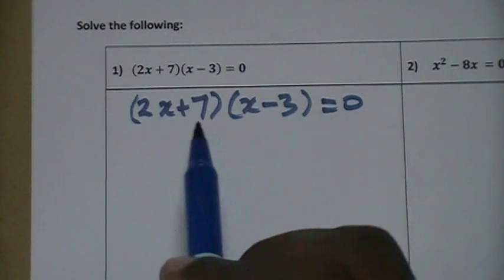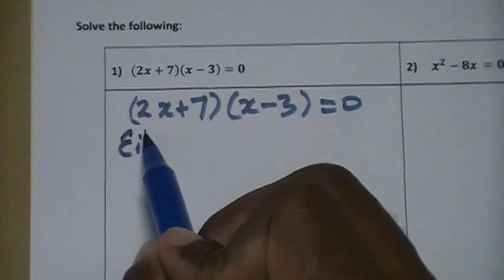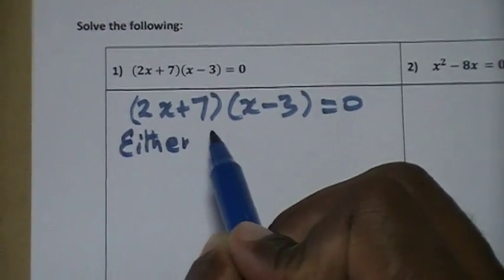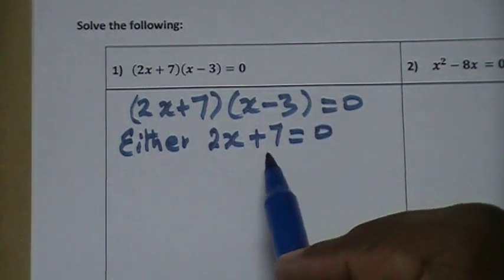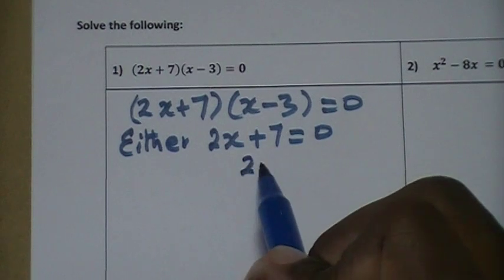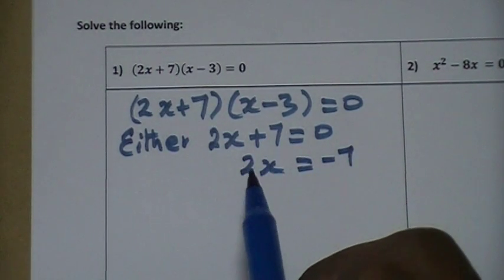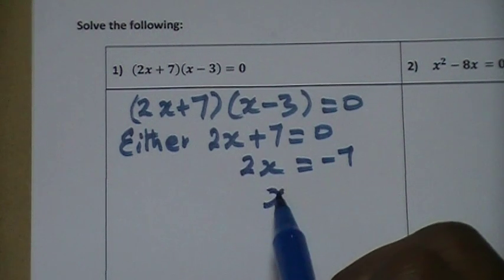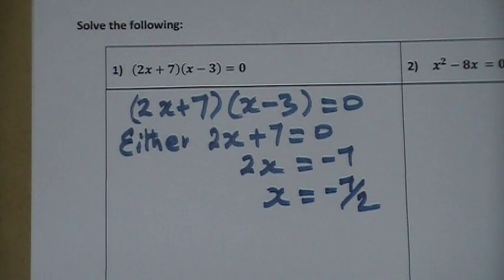Since both of them produce 0, that means one of them must be 0. So we're going to write either, subtract 7 from both sides, divide both sides by 2, and that's the solution for the first part.